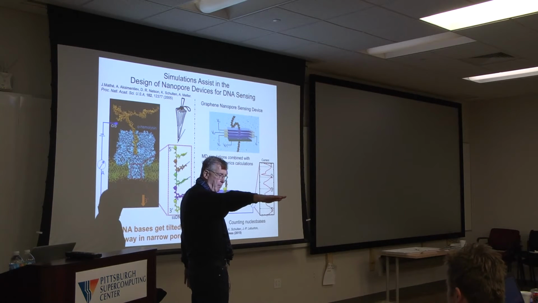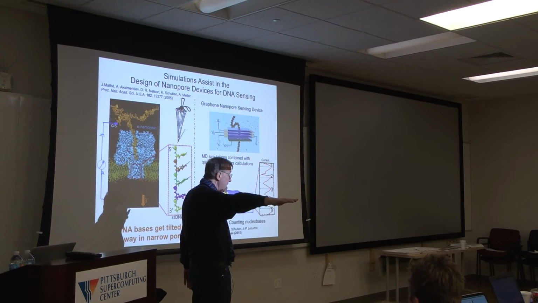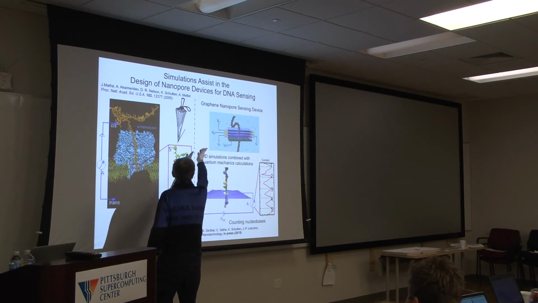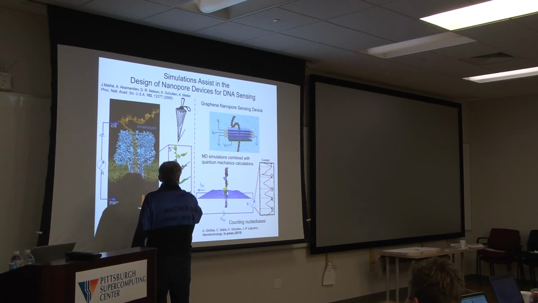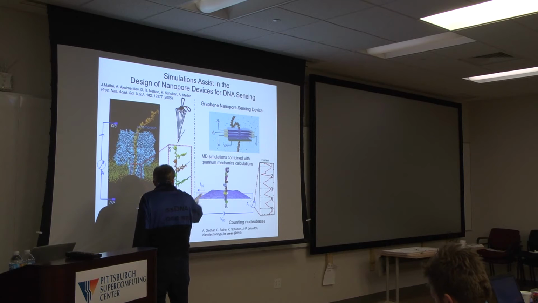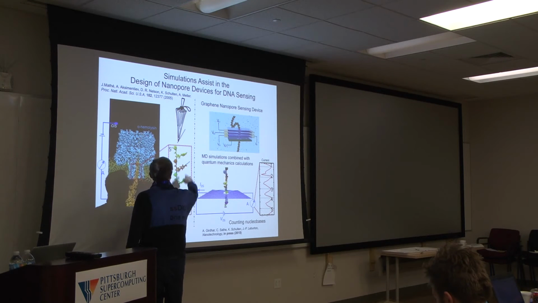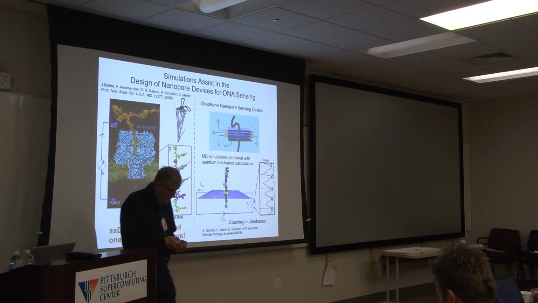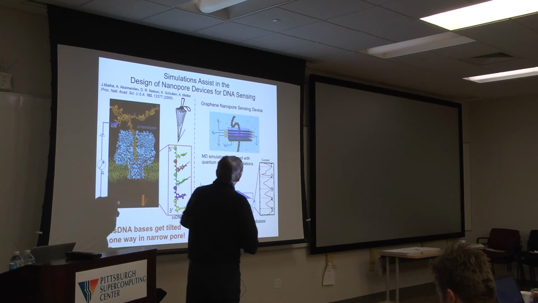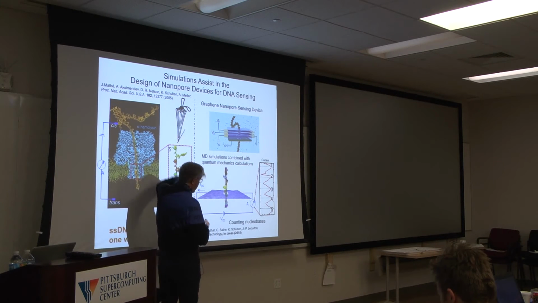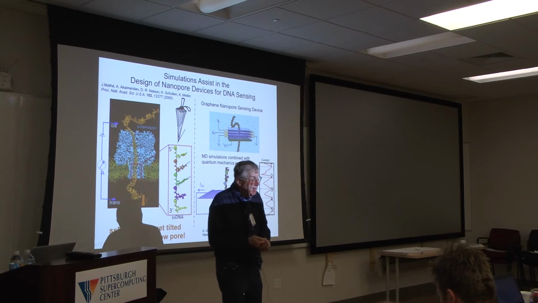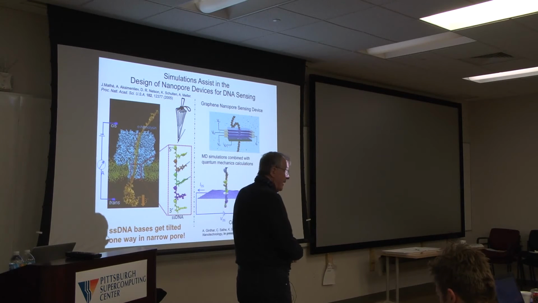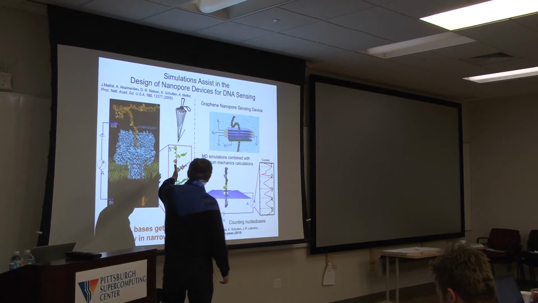No, they're all in this direction, from up to down, 3' down. They're like an umbrella like this. And now if you go with an umbrella through a narrow door, it's much easier to go 3' end first through the narrow door than the opposite. And this is why the 3' end goes first.